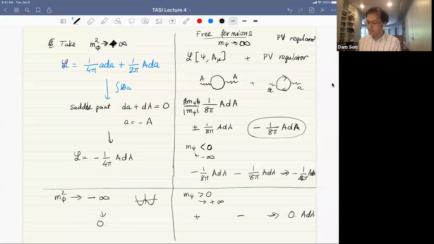Basically, that's what we get after integrating out the little a field. Particularly, there is no AdA term. And that means that we also have matching between the fermionic side of the duality and the bosonic side of the duality. Right? The two phases of the bosonic theory, the Higgs and the Coulomb phases, correspond to two different signs of the mass of the fermions.